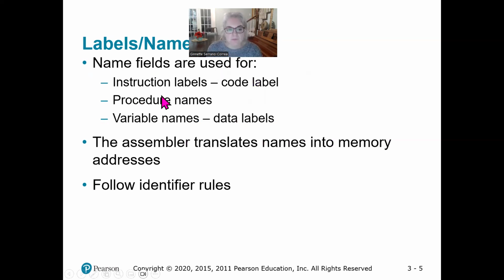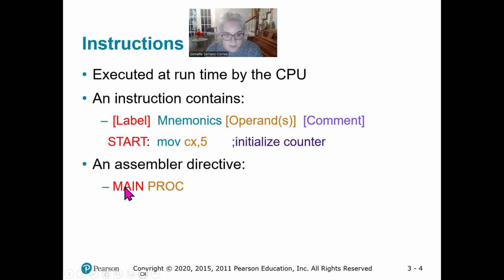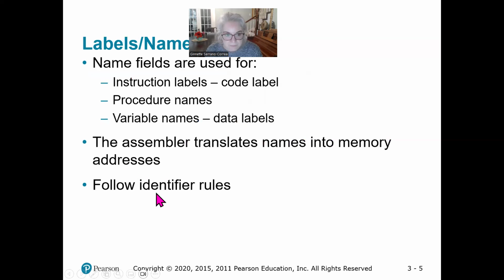Name fields are used for instruction labels or code labels. Name fields are used for procedure names and variable names. Variable names are data labels. So a name field would be this right here. Main is a name field, it's a procedure name. We don't have any variables here. So we can have instruction labels or code labels.